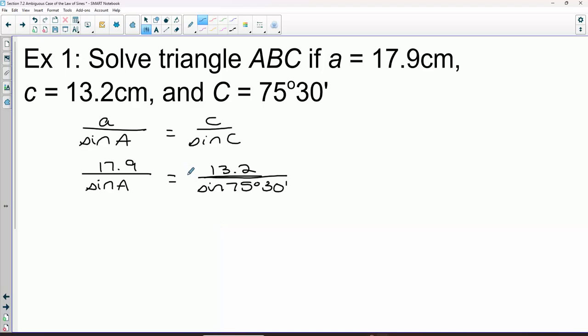All right. So if I am going to plug this in, think of it as like you would have to cross multiply, right? So then if I'm going to find sine of A, I have to divide by the 13.2.